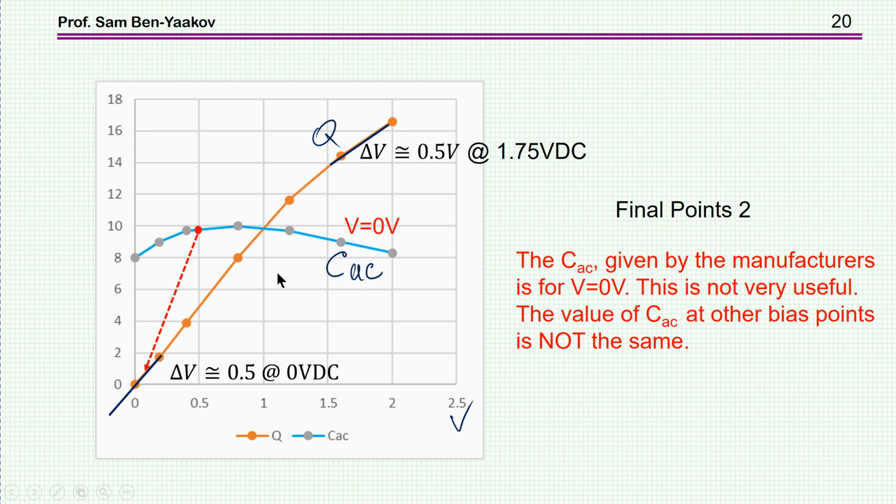So what is really needed is a family of curves for different bias voltages, which is not given. However, luckily enough, if you reconstruct this Q as a function of V curve, you can very easily build up your own family of curves and see what will be the capacitance at a given bias voltage. I'm talking about capacitance now for large signal.